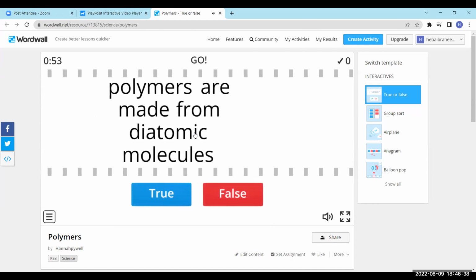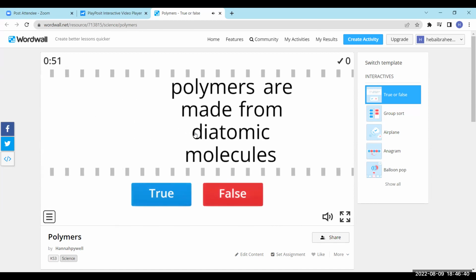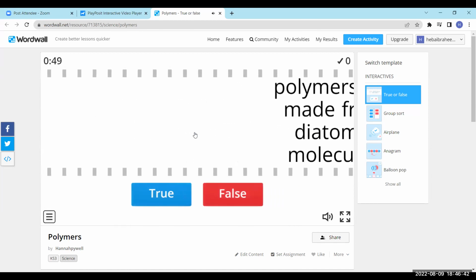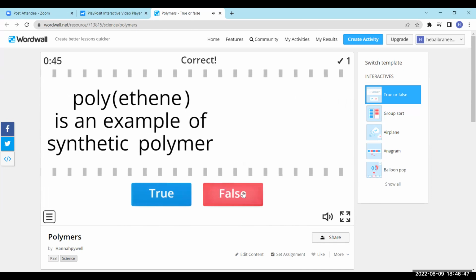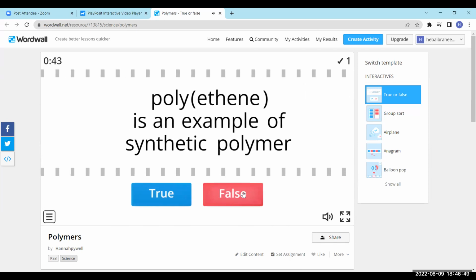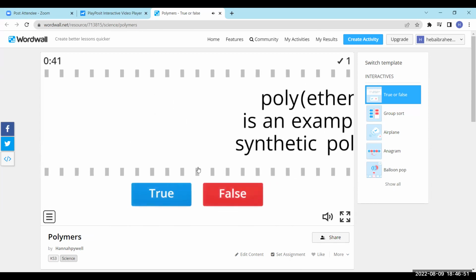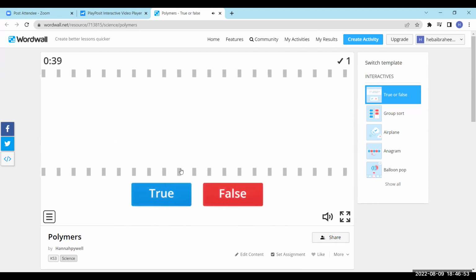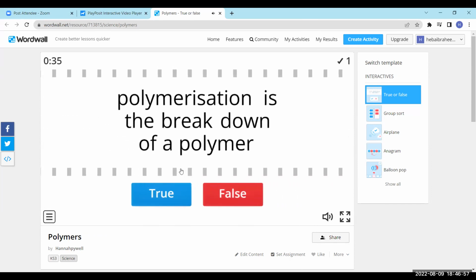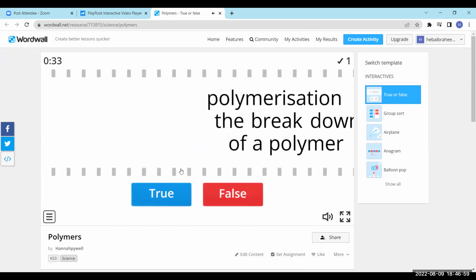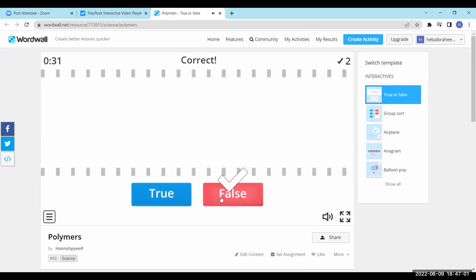Quickly, ya Mariuma. False. Excellent. Skip this one. It's not important. The next one. Polymerization is the breakdown of a polymer. No. Excellent.